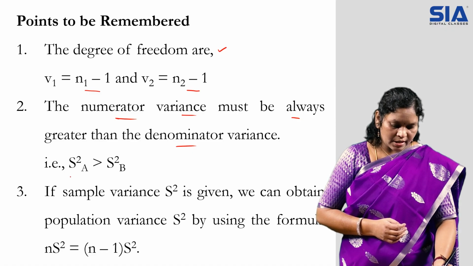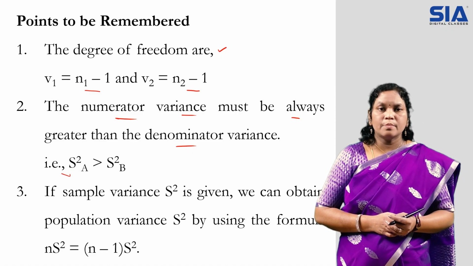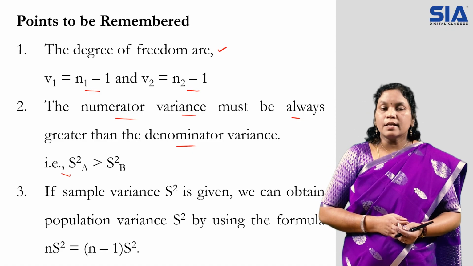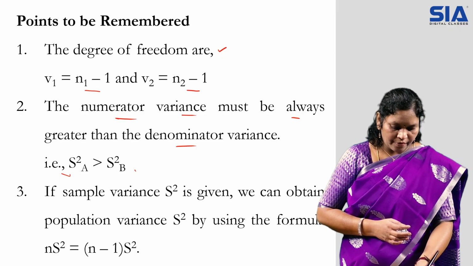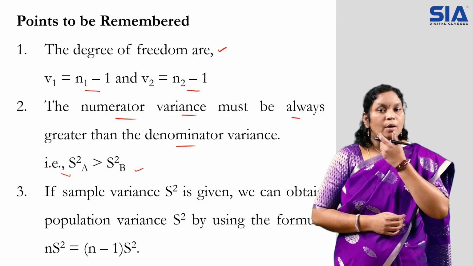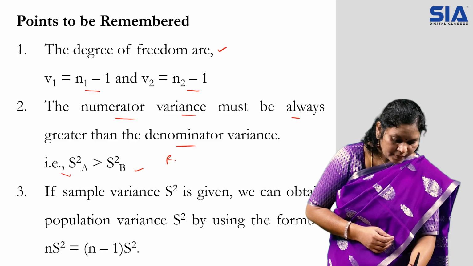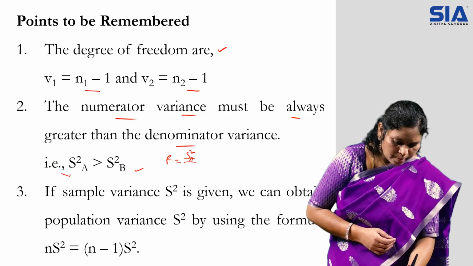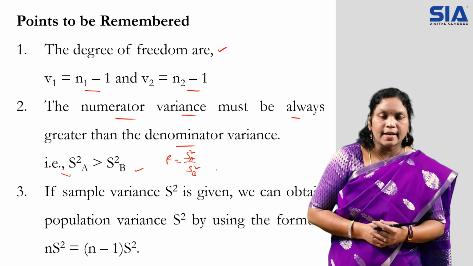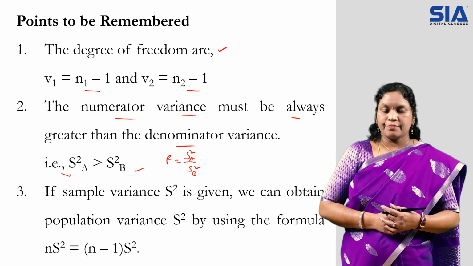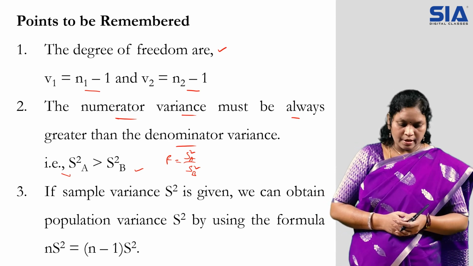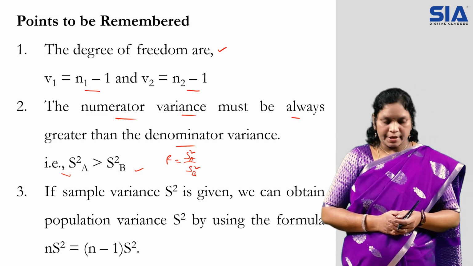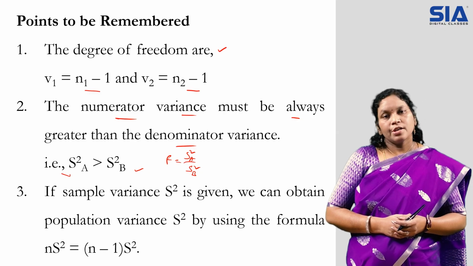Suppose sample A has the bigger value, so SA square is greater than SB square, and I can write F is equal to SA square by SB square. The bigger value should be the numerator.